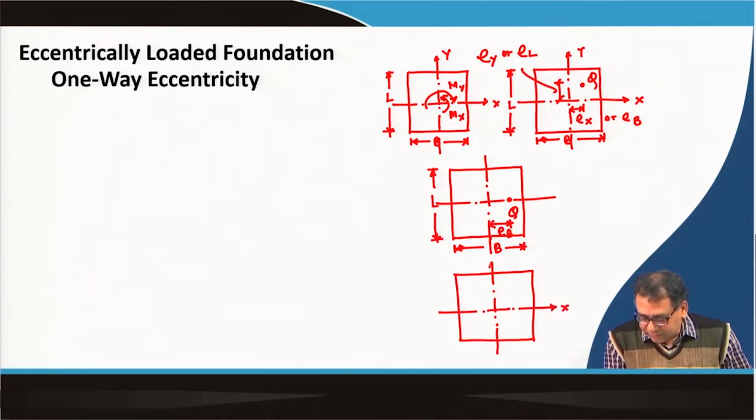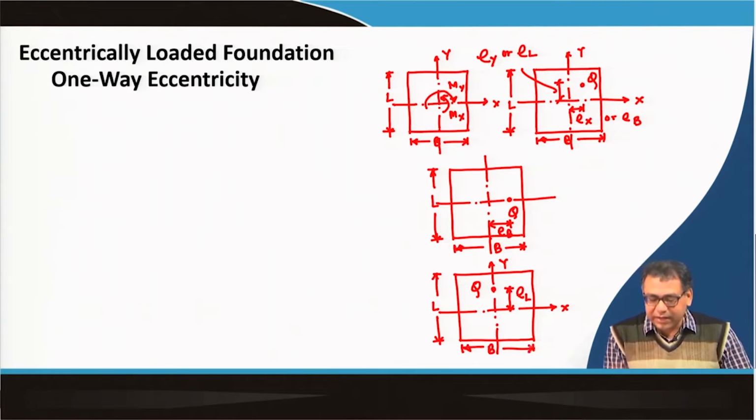This is x, this is y. So the loading is acting here with an eccentricity E L, and this is the length direction, and this one is the width direction. That means in one-way cases either M x is acting or M y is acting, or there is another possibility that the column itself is not at the center of the footing, it is away from the center of the footing.